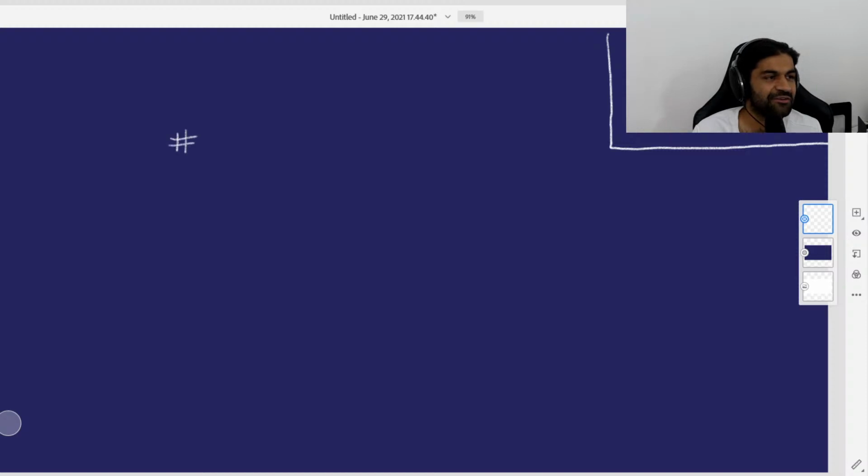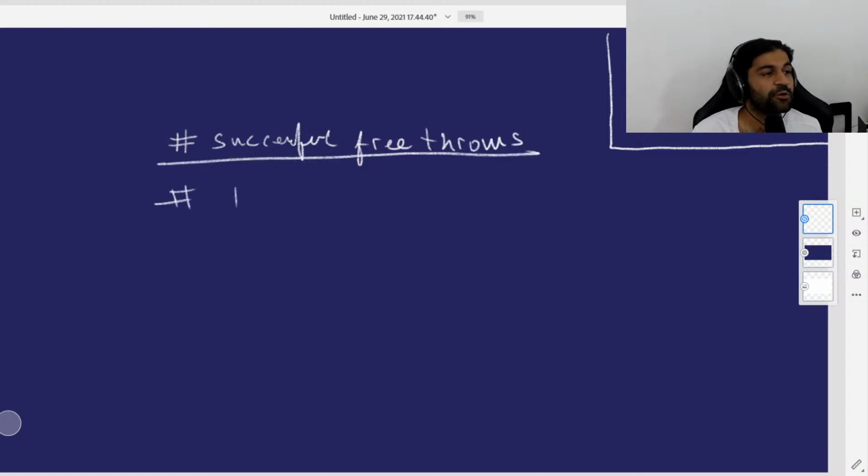You're keeping track of the number of successful free throws divided by the number of total attempts.